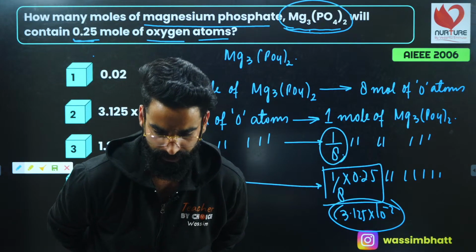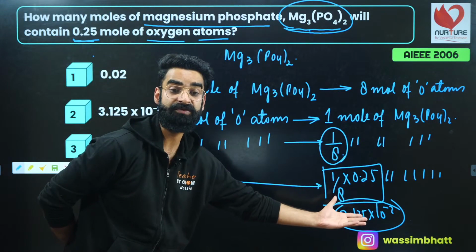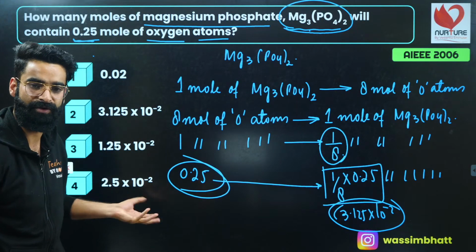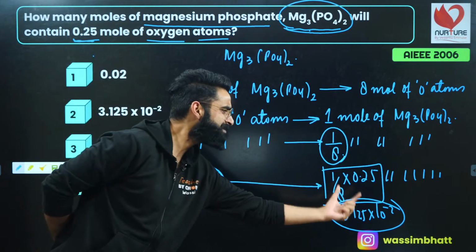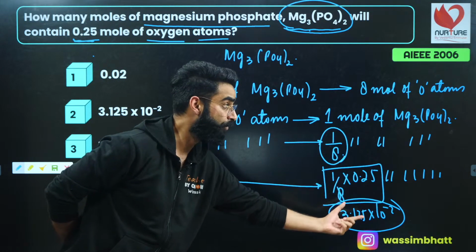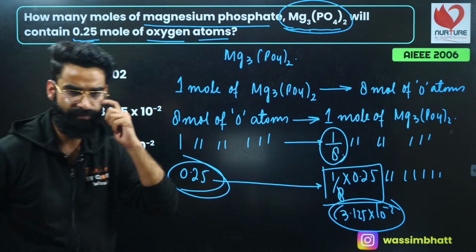That's something I was supposed to calculate: the moles of magnesium phosphate that contain 0.25 moles of oxygen atoms. And I got this from normal stoichiometry, right?